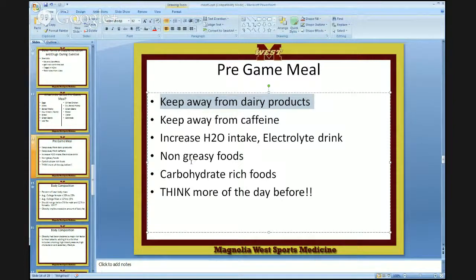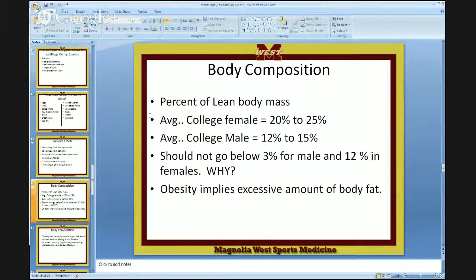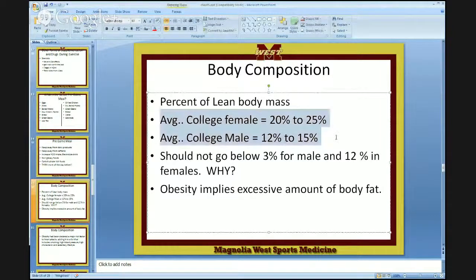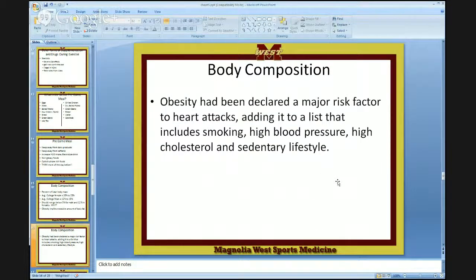15. Slide 15. You need to know those percentages. For the average college female and the average college male, what is the percent of lean body mass? That's what you need to be concerned about. All right? So, next slide is slide number 16.